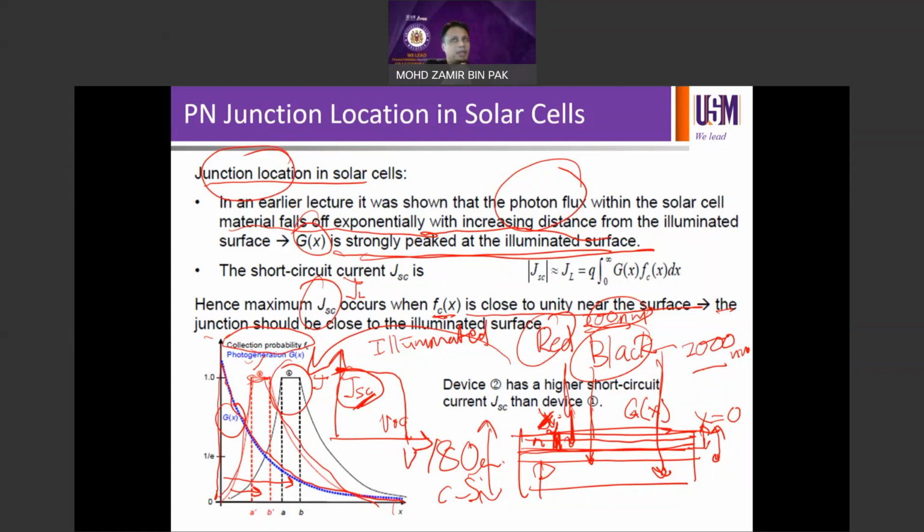But in principle, if you combine with other design considerations in a typical PN junction for a solar cell, there will be some other factors that will be coming into the equation and affect the results. So at that point, not necessarily 30 or 50 nanometers or 100 nanometers will give you better results than 200 nanometers, right?